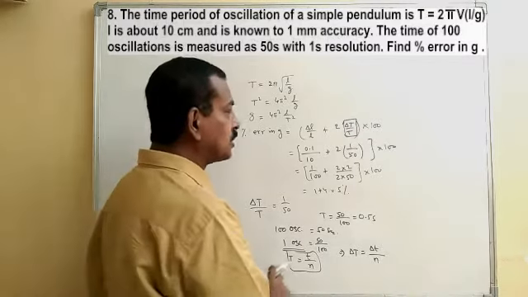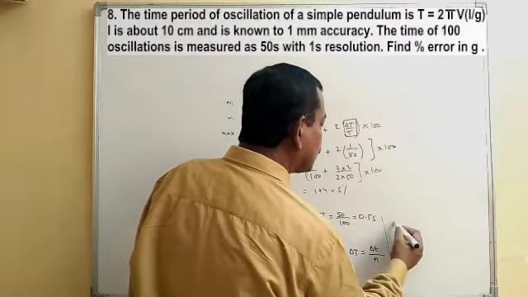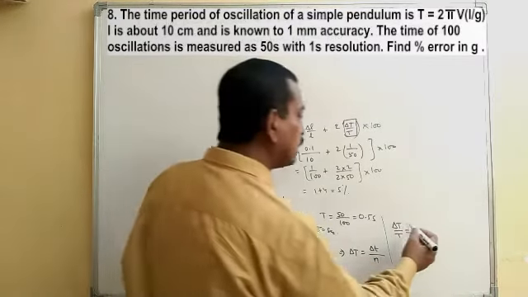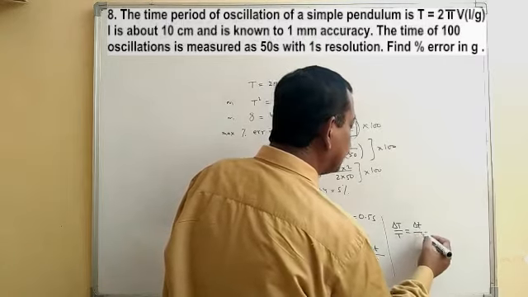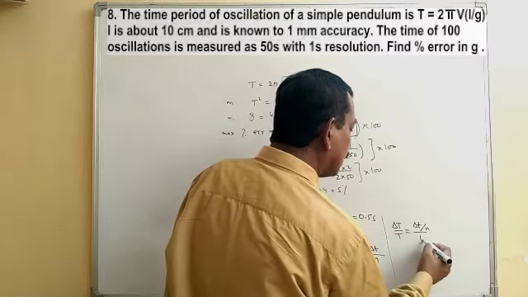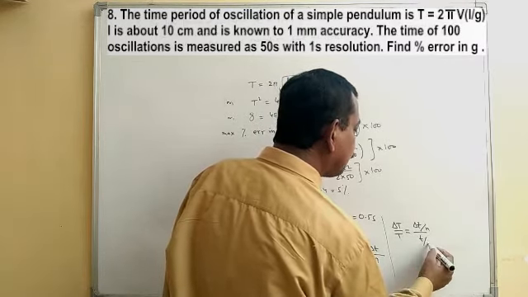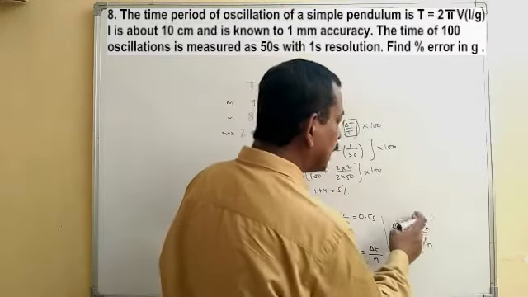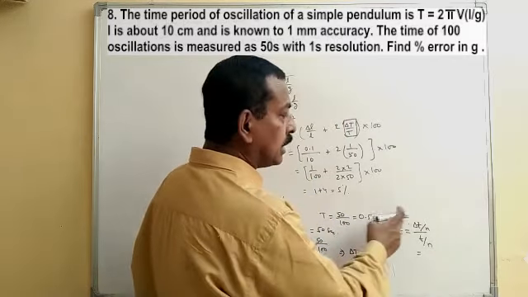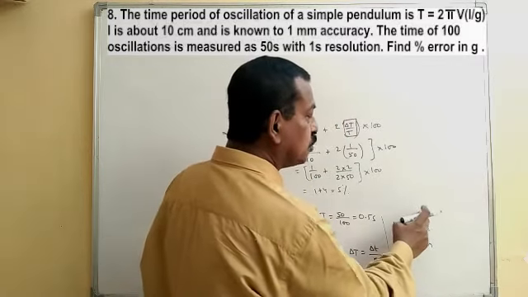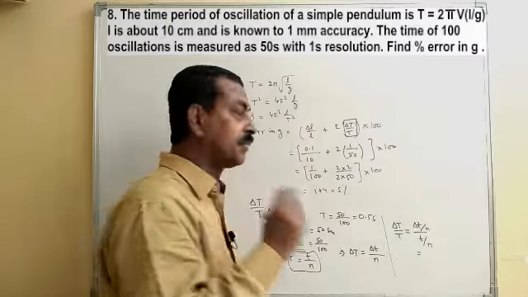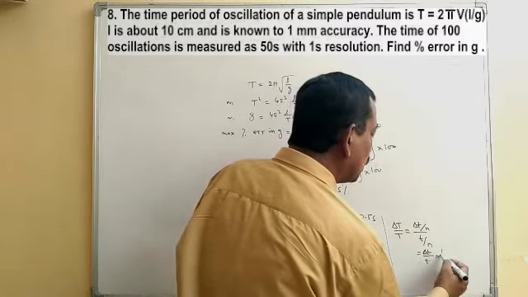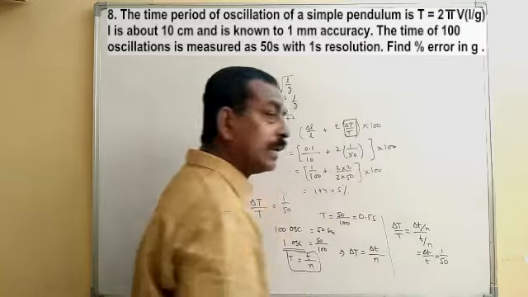So if you now consider what is this delta T by T, this will give you delta t by N, t by N. And now see, this is your error in the measurement of time period, that is delta T, which is your delta t by N. So this N will get cancelled, so you will get delta t by t, which is your 1 by 50.